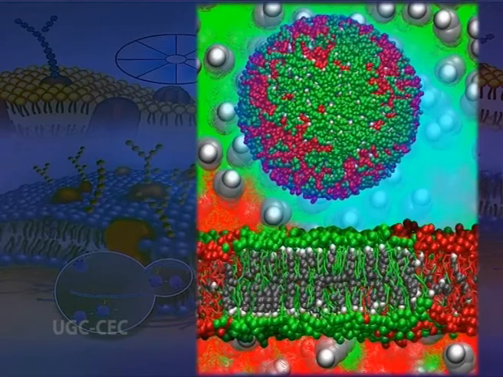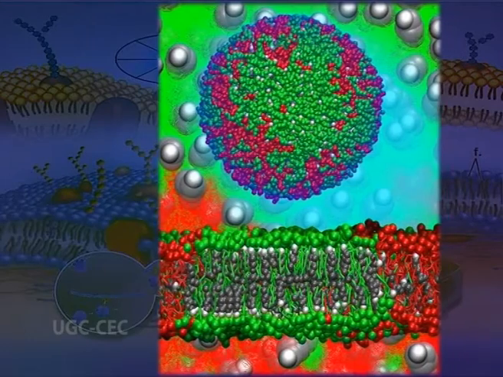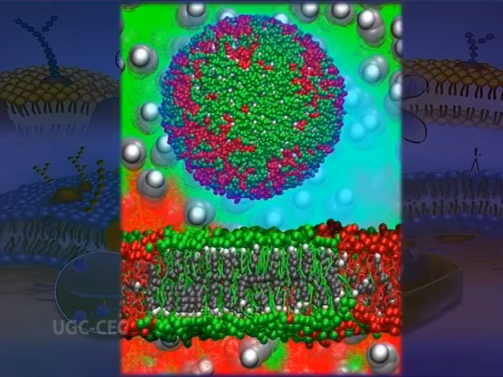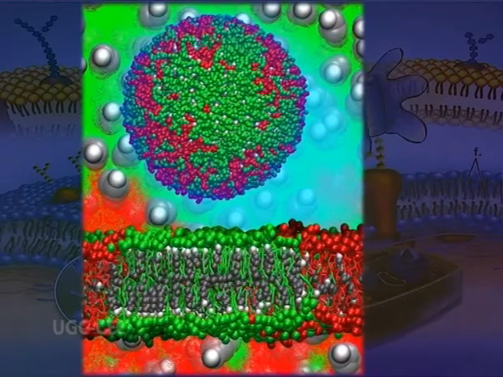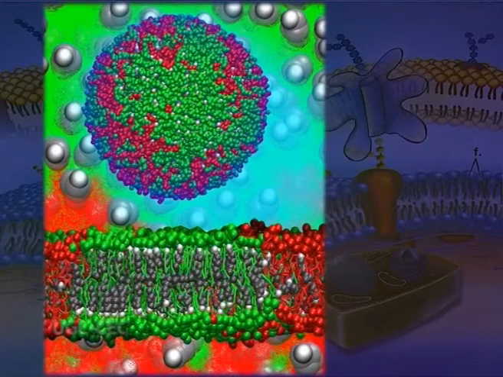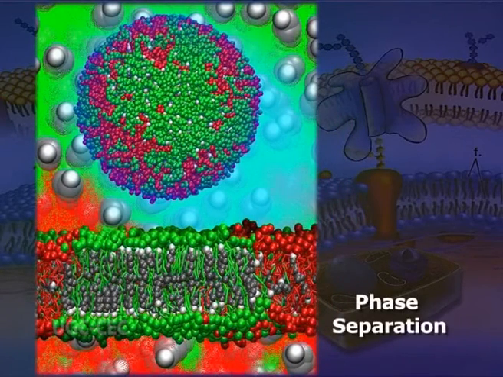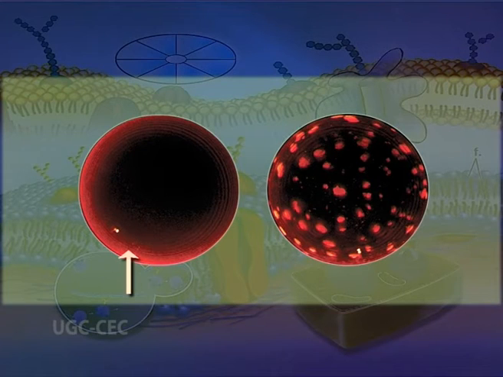When complex mixtures of lipids are present, there is a range of temperature over which different lipids may exist in different phases. This condition is termed phase separation. Some lipids are in the frozen state while others are in the liquid state.